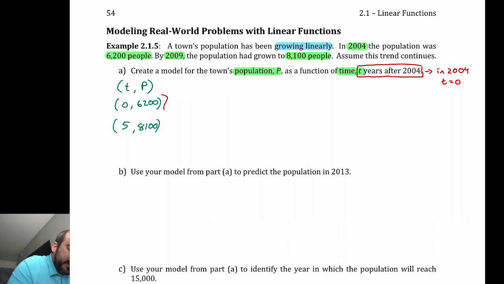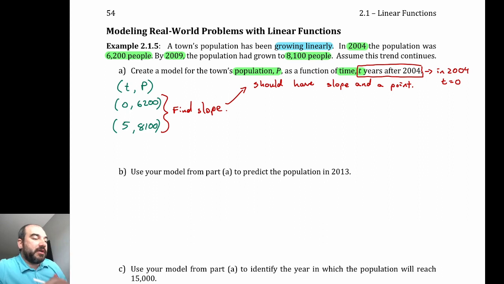Once we have our 2 points, we can find slope using 2 points, right? We know how to do that. The y2 minus y1 over x2 minus x1, you can find slope. And once you find slope, you should have slope and a point.